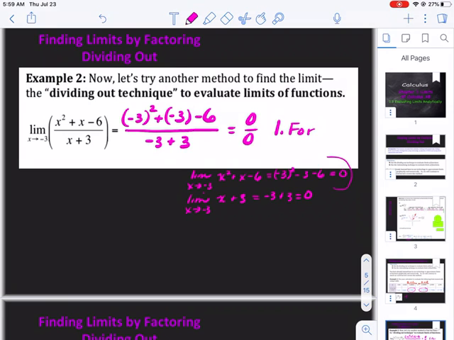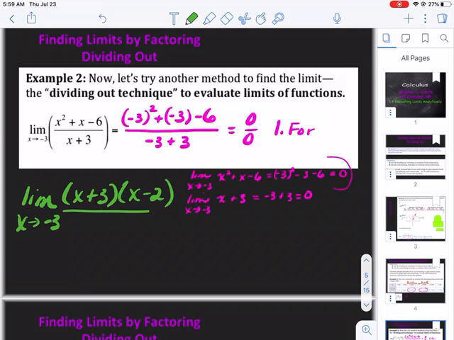So what we're going to do in this case is factor. The limit as x approaches -3. Now, factoring the top is a quadratic, so I'll factor that as x plus 3 times the quantity x minus 2, and then the bottom is x plus 3.